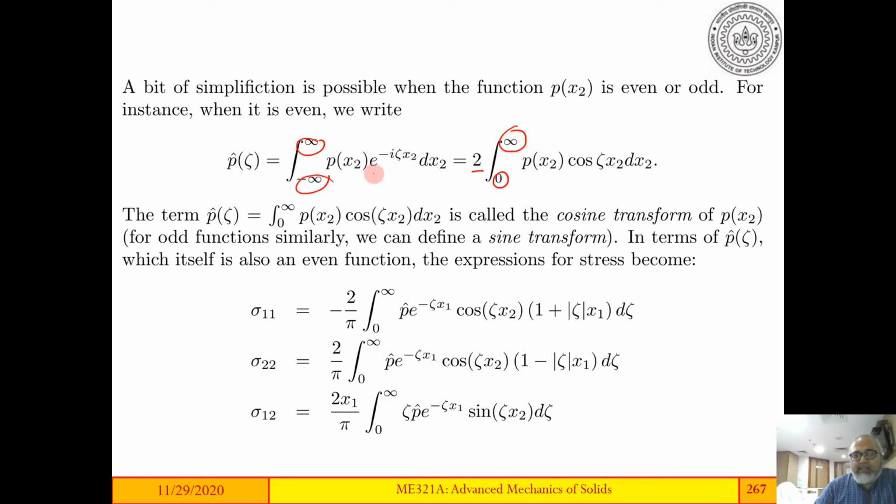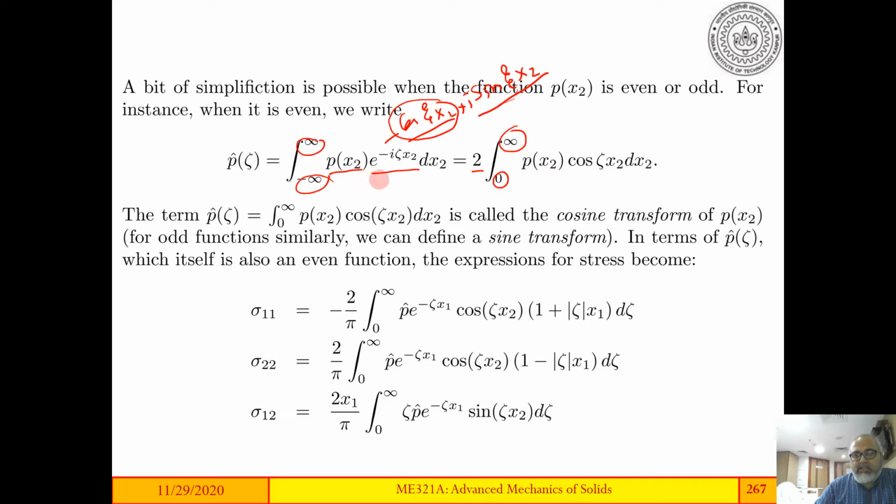And this is actually cos zeta x2 plus i sin zeta x2. This part is odd, this part is even. So when you do an integral from minus infinity to infinity, this part times this even function is not going to survive. It's going to go to 0, and this part is only going to remain.